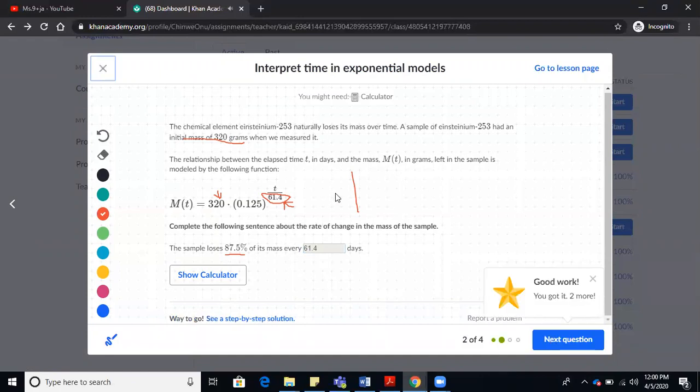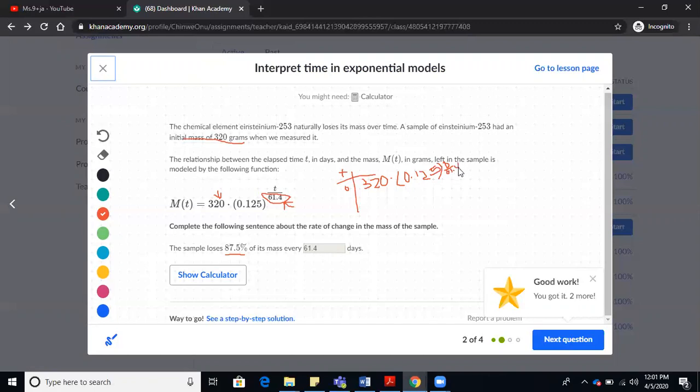I could check that. When t is 0, I'm just at 320. My initial amount is 320, because if I do 320 times 0.125 to the 0 over 61.4, that's just to the 0, and anything raised to 0 is just 1.